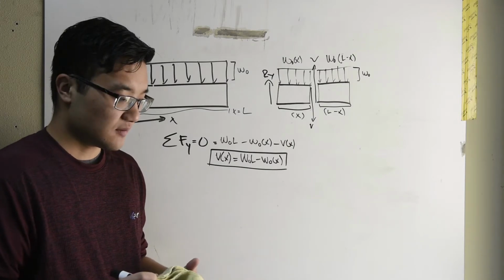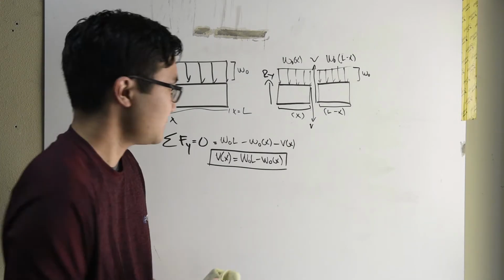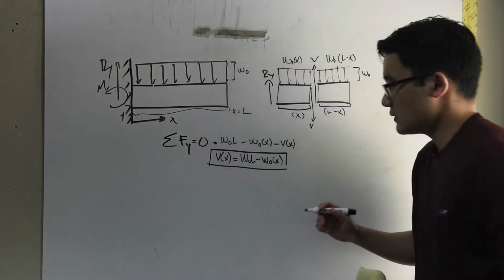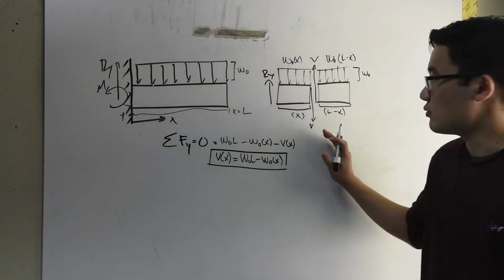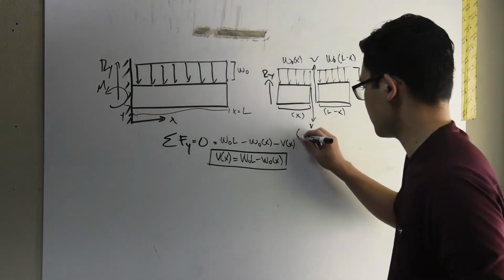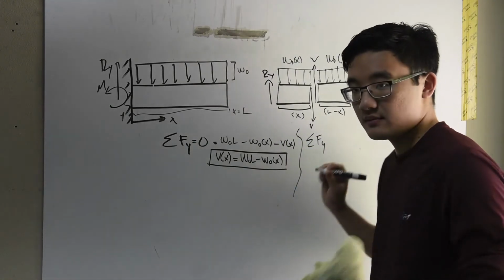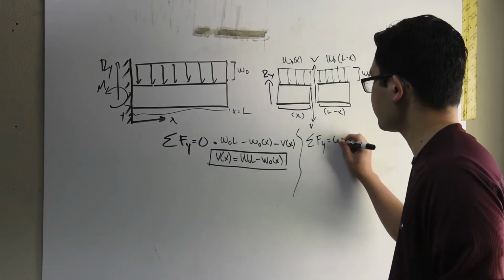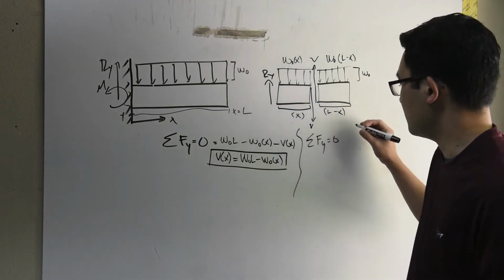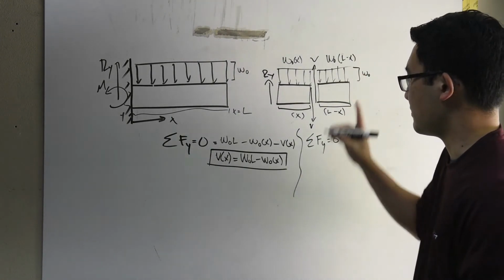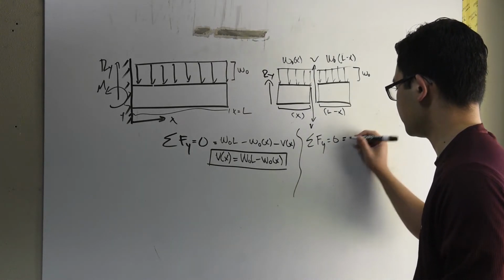But now, let's solve it from right to left. Okay, it's much the same thing. We're going to do the same process. We're going to do a sum of the forces in y, sum of the forces in y equal to 0. But now, my V of x is applied upwards, so that's positive.